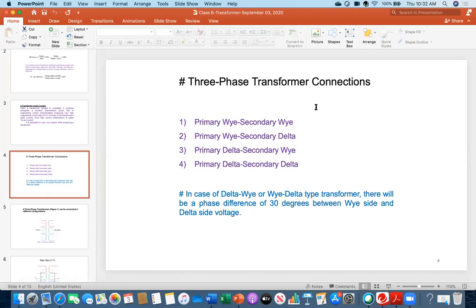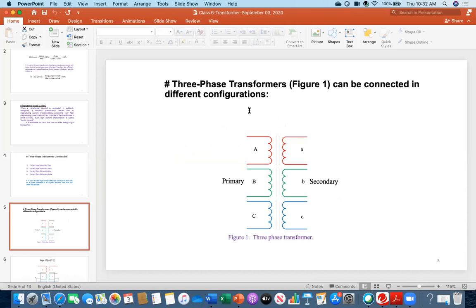So now, for example, here you see, I have written that a three-phase transformer can be connected in different configurations. So this is one single-phase transformer. This is another single-phase transformer. And then this is another single-phase transformer.